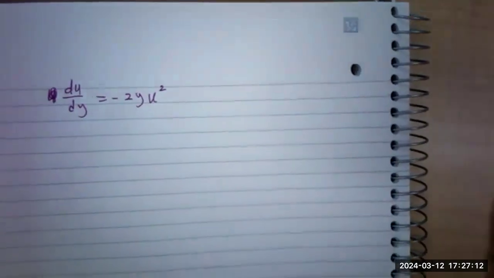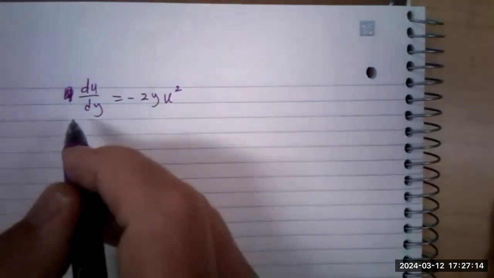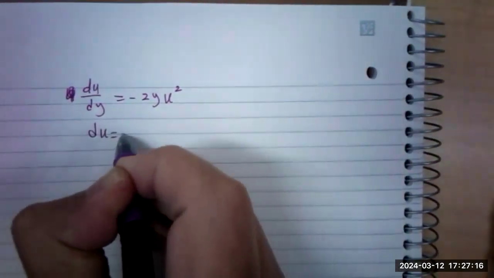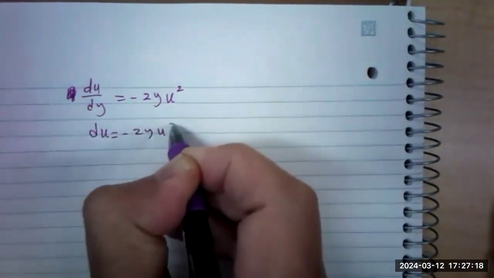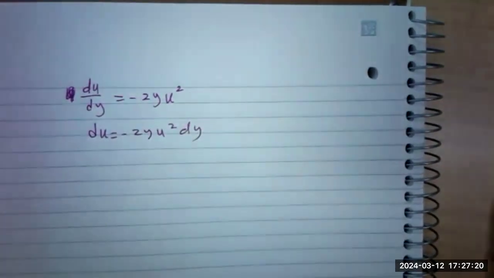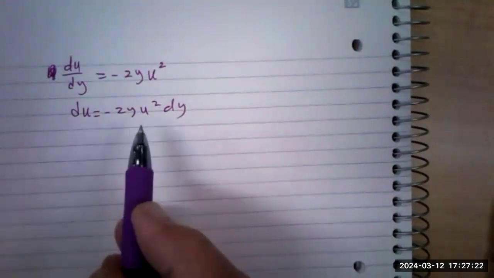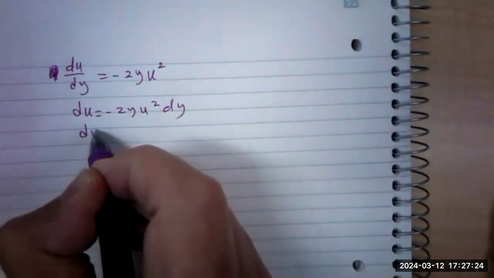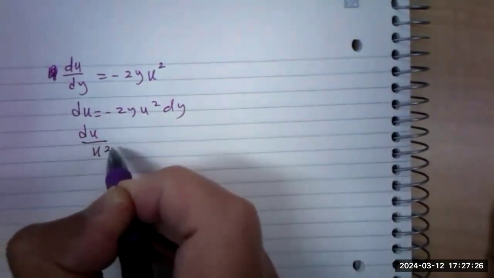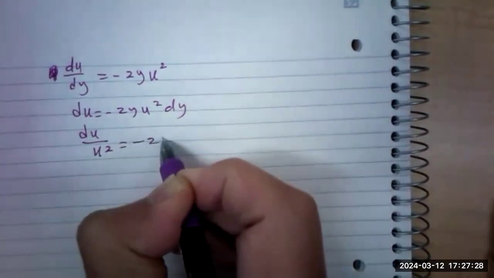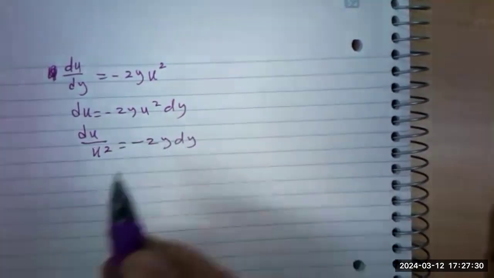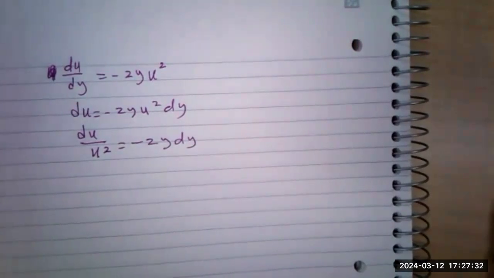Cross multiply and put them together so that du equals negative 2y u squared dy. You have the u squared here, so bring the u squared over. That gives du over u squared, and on the other side, you get 2y dy. So now you get separable variables.